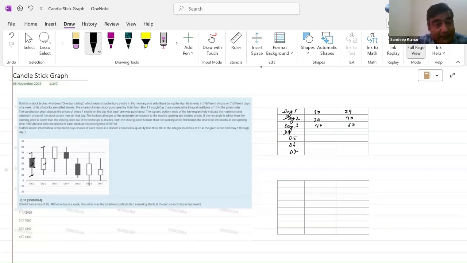Day 4 is shaded, which means the opening price is higher, so 50 is the opening price and 40 the closing price. Day 5 is again shaded, so the opening price is higher: 30, 10. On day 6, it's white, so the opening price is lower: 10, 30. On day 7, 10 and 20.